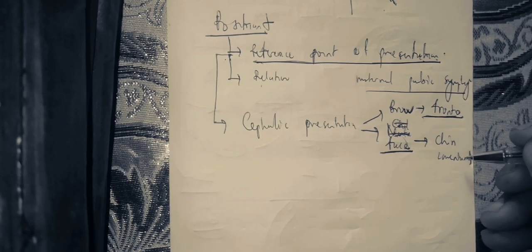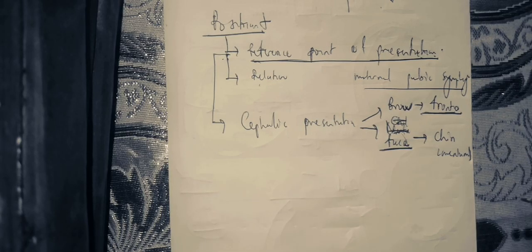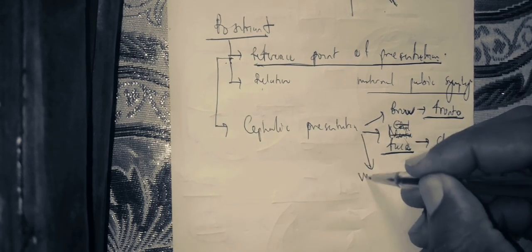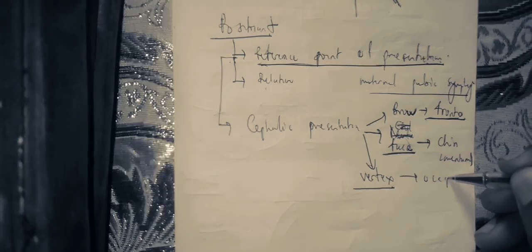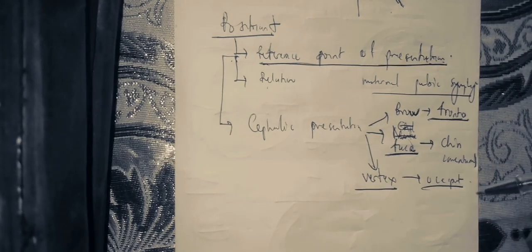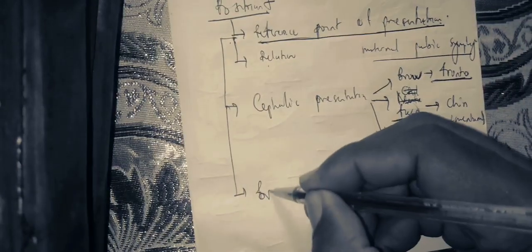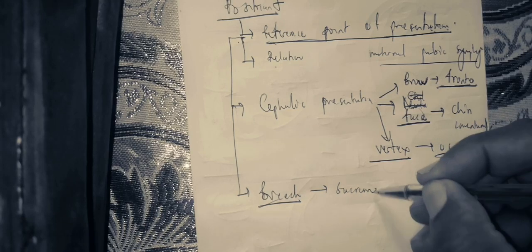So you use the mentum as your reference point to speak about the posterior and anterior relationship with the maternal pubic symphysis. Now when you have a vertex presentation, you use the occiput as your reference point. Similarly, when you have a breech, you use the sacrum as your reference point.